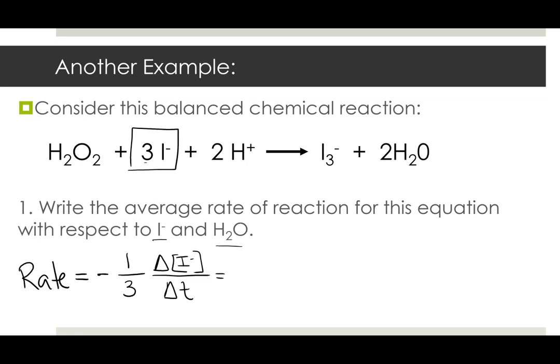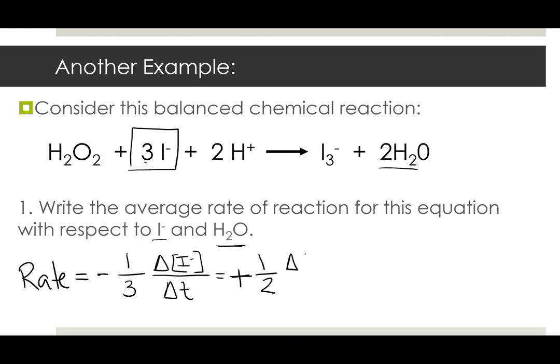Okay. And then we're going to look at H2O. So we can continue this as kind of one big long formula. So now I'm going to look at the change in water. Water is a product. So I'm going to put that positive sign there just so that I know that I thought about that. And I don't want to look at 2 moles. I want to look at 1 mole. So I'm going to put that fraction 1 over 2.